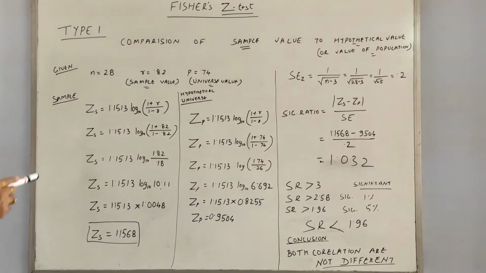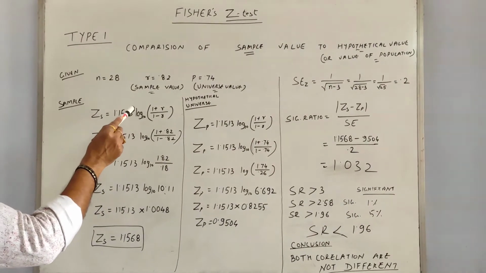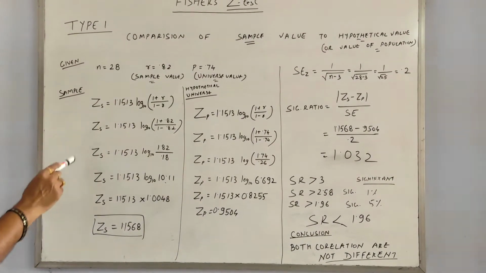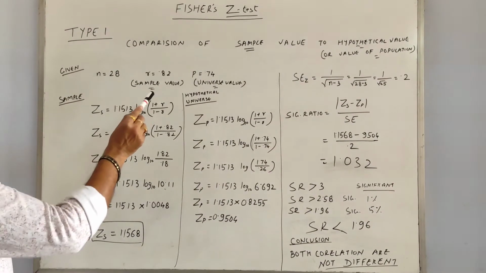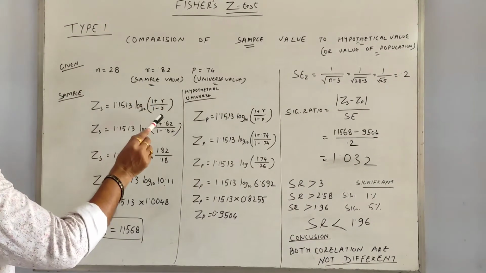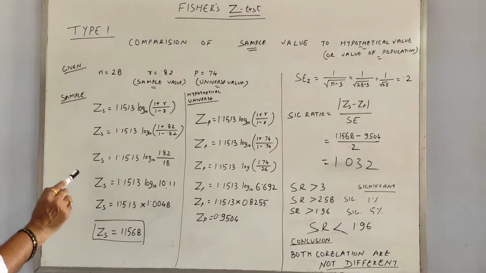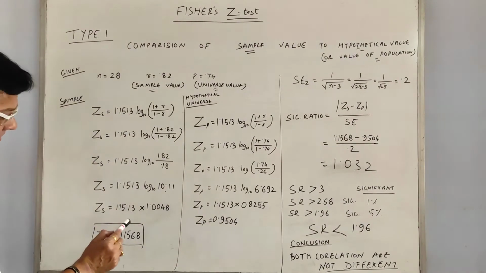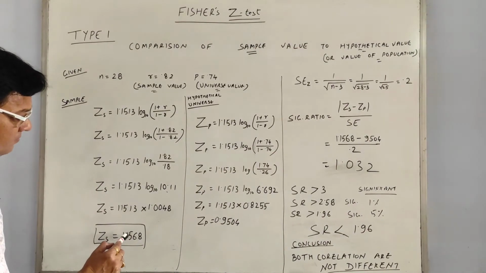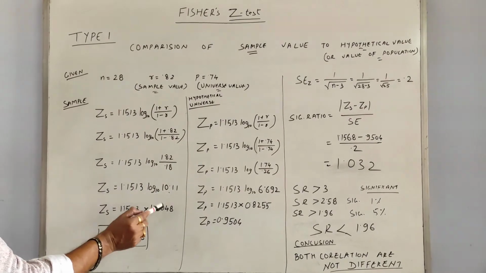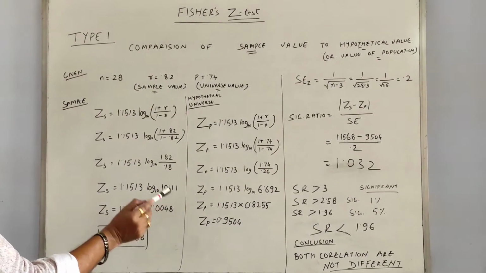So sample Zs will be 1.1513 log of (1 plus R) by (1 minus R) to the base 10. This R is the sample R, 0.82, which we applied here, and through the calculations we have got Zs as 1.1568. We have taken log of 10.11 also, which comes to 1.0048.